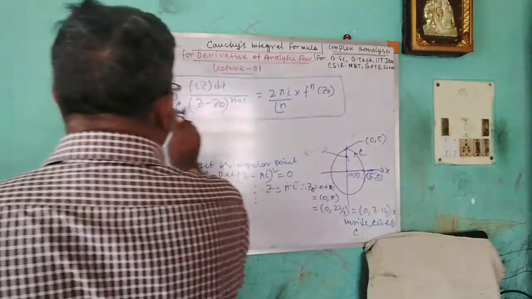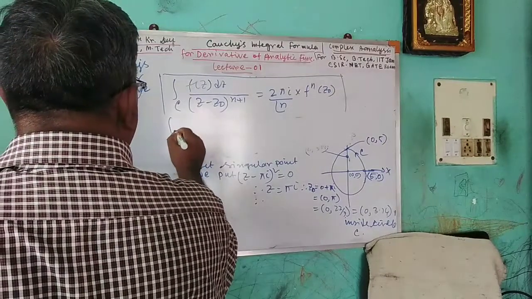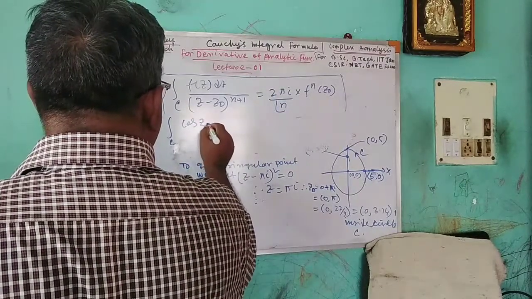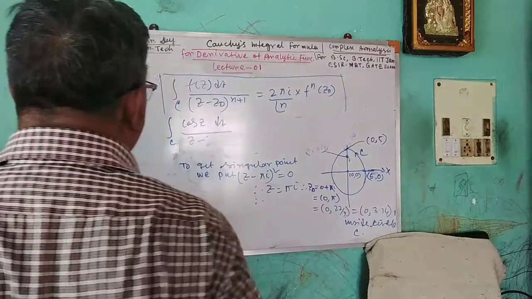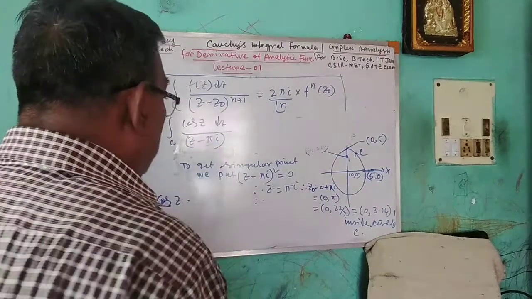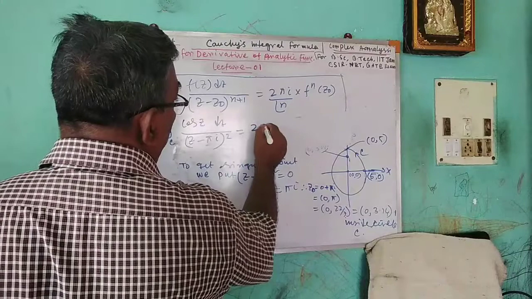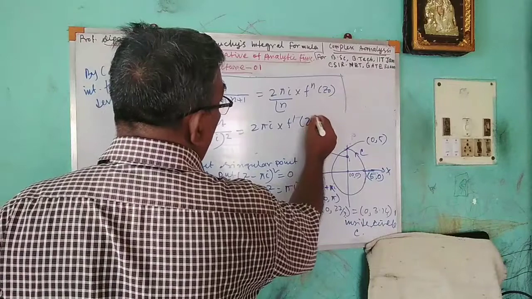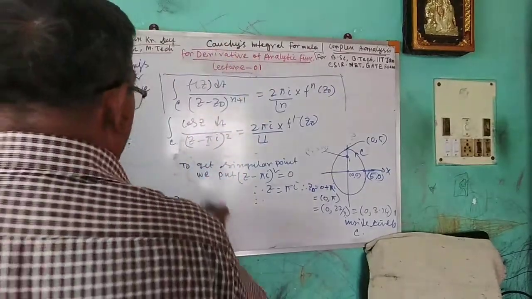So by Cauchy's integral formula, the integral over C of f(z), that is cos z dz by (z minus pi I) whole to the power n plus 1, with n equal to 1, that is 2, equals 2 pi I into f dash z0 by factorial 1.